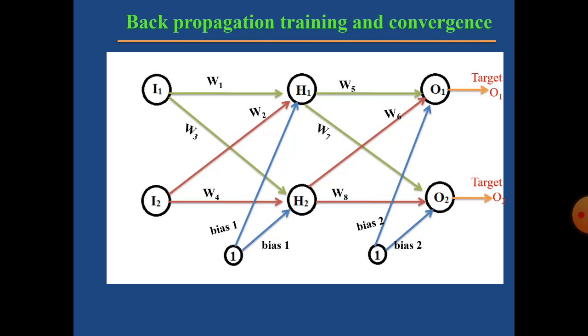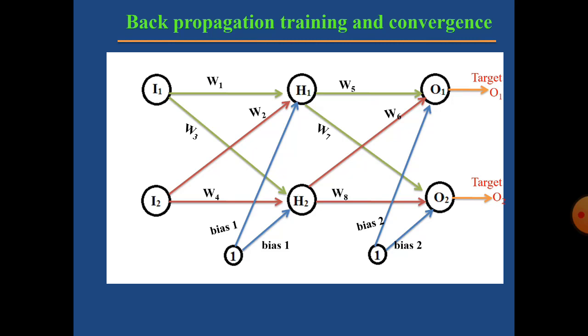We also have two biases, B1 and B2. Finally, this network consists of two inputs I1, I2, two hidden neurons H1, H2, two output neurons O1, O2, and two biases, B1 and B2.